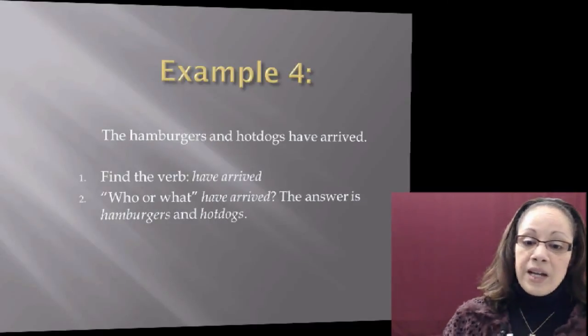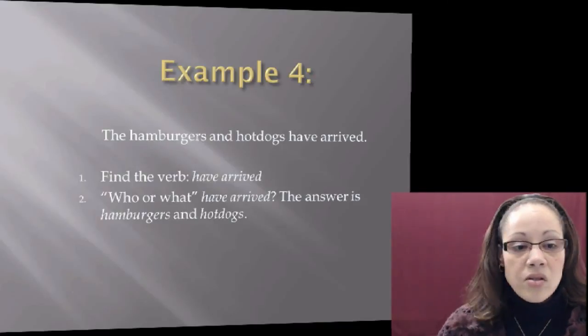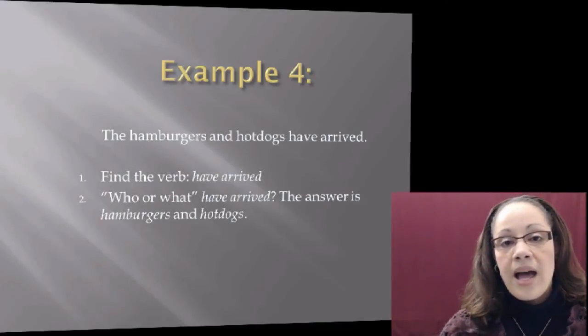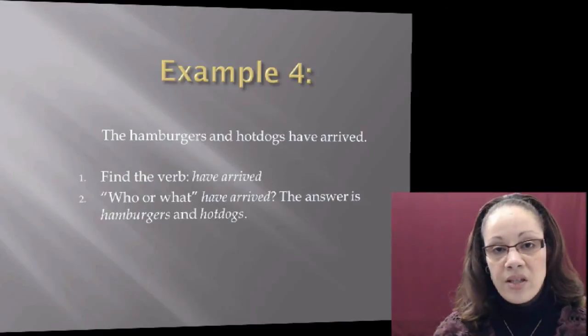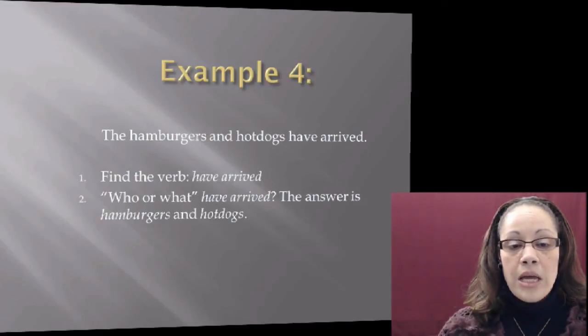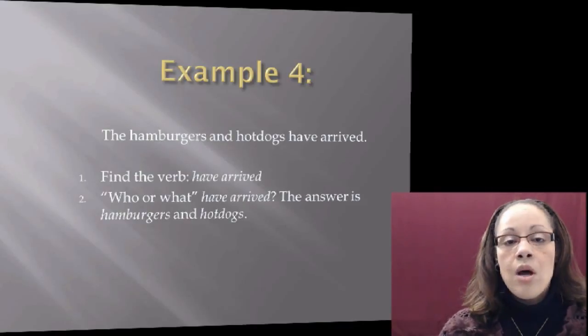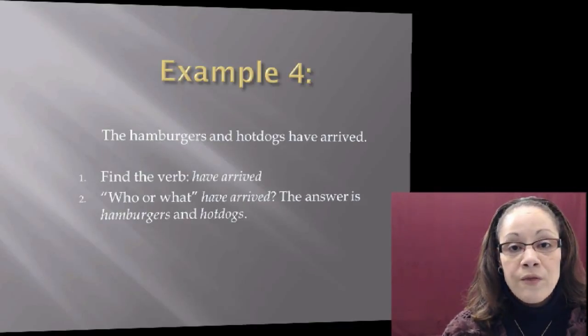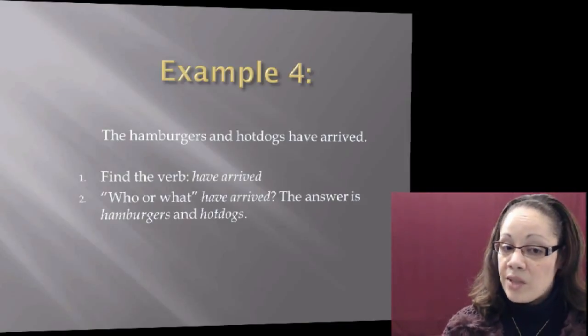And our fourth and final example for finding subjects and verbs in compound sentences is the hamburgers and hot dogs have arrived. Let's find our complete verb of the subject, have arrived. Now remember, have is a helping verb, arrived is the main verb. Both words will be the verb of the sentence, so keep that in mind. Don't forget helping verbs in sentences.